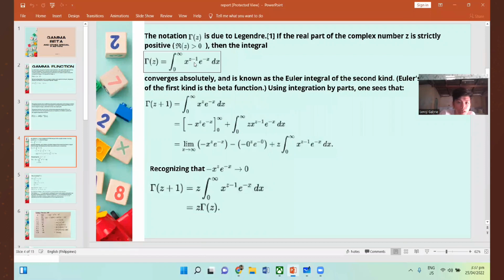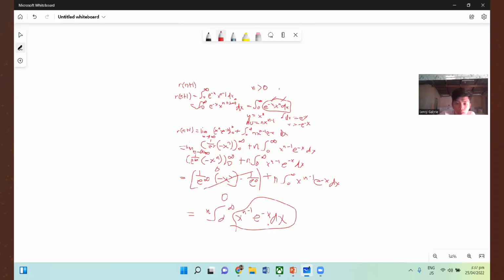So dito nga lang is n, dito nga lang is z, dito nga lang is n. So therefore, it is equal to n gamma of n.